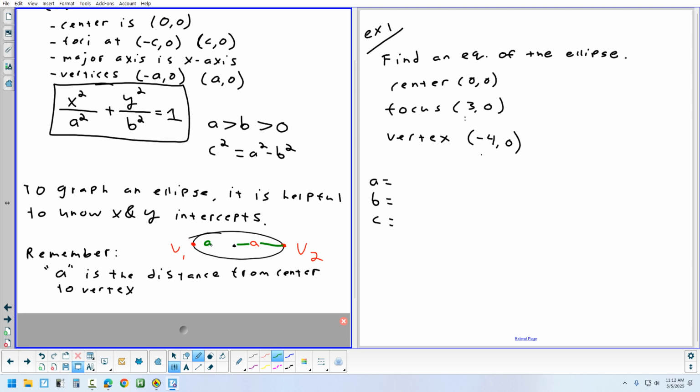And this would also be A, from there to there. So then what would be the distance between V1 and V2? Yep. 2A. So the length of the ellipse, the long way, is always equal to 2A. So that's why when I wrote this right here, if you're at the center, you go A units to the right and A units to the left. And that's how you get your two vertices.